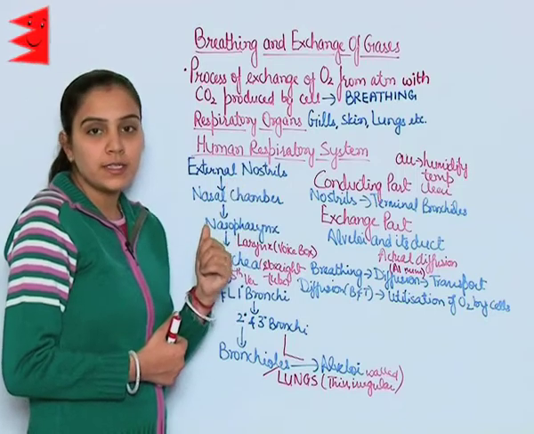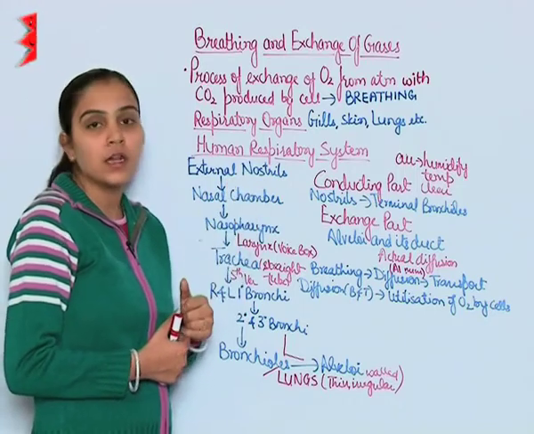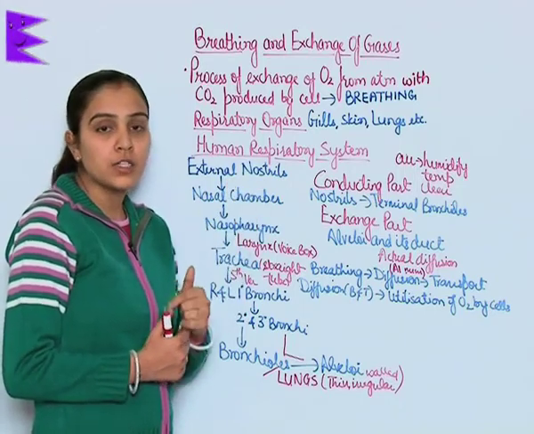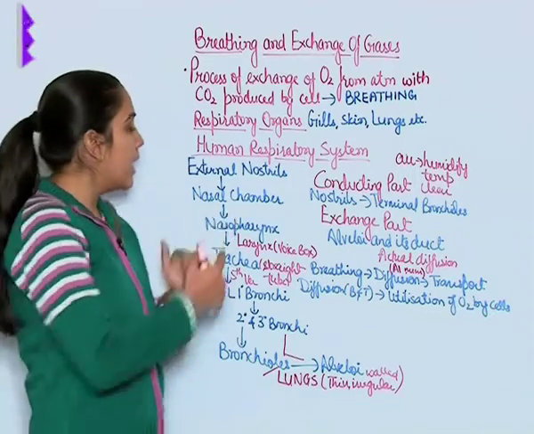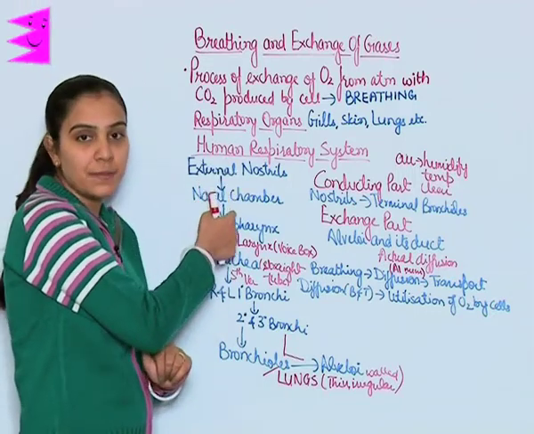The human respiratory system starts with the external nostrils, which are just above the upper lip. It passes on to the nasal chamber.